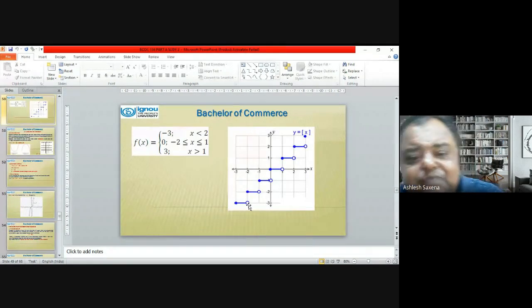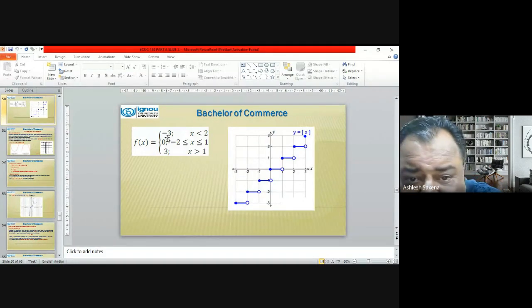Here we see this is a function. There are 3 steps. f(x) is -3 when x is less than -2. f(x) gets a value of 0 when it is between -2 and 1. And 3 when x is greater than 1.